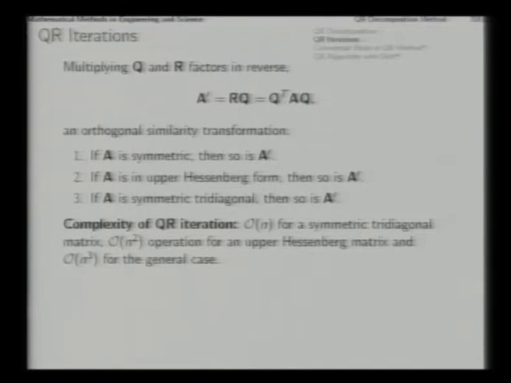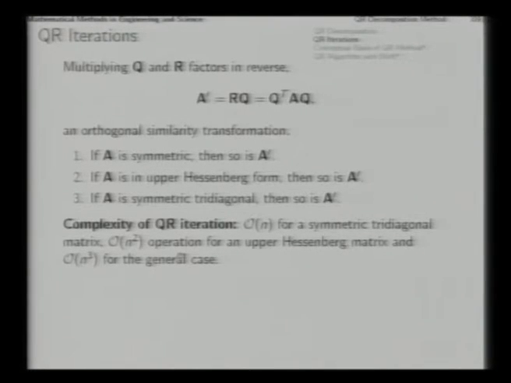When we ask that question, we need to notice that, implemented properly, the QR decomposition algorithm, the iterative algorithm, is a linear time algorithm for a symmetric tridiagonal matrix, a quadratic time algorithm for an upper Hessenberg matrix, and a cubic algorithm for the general matrix.